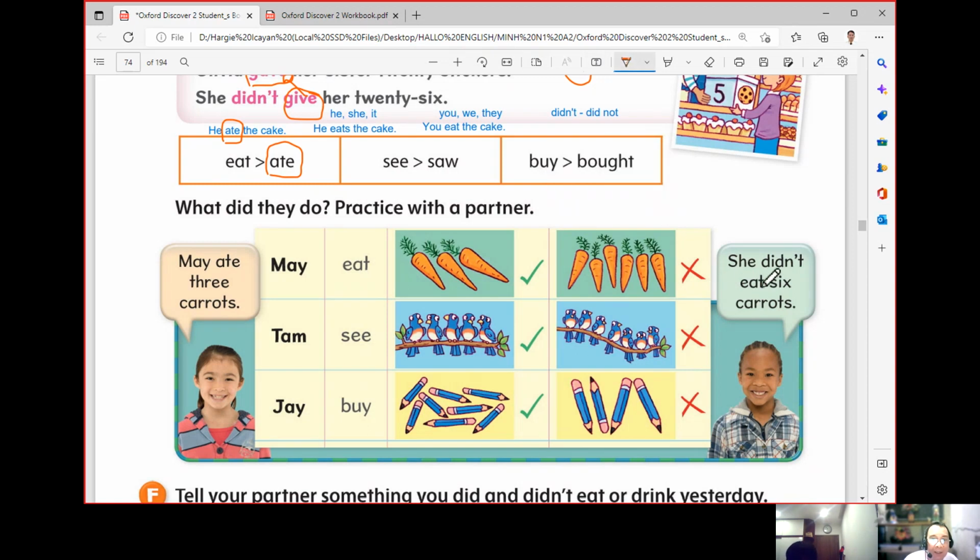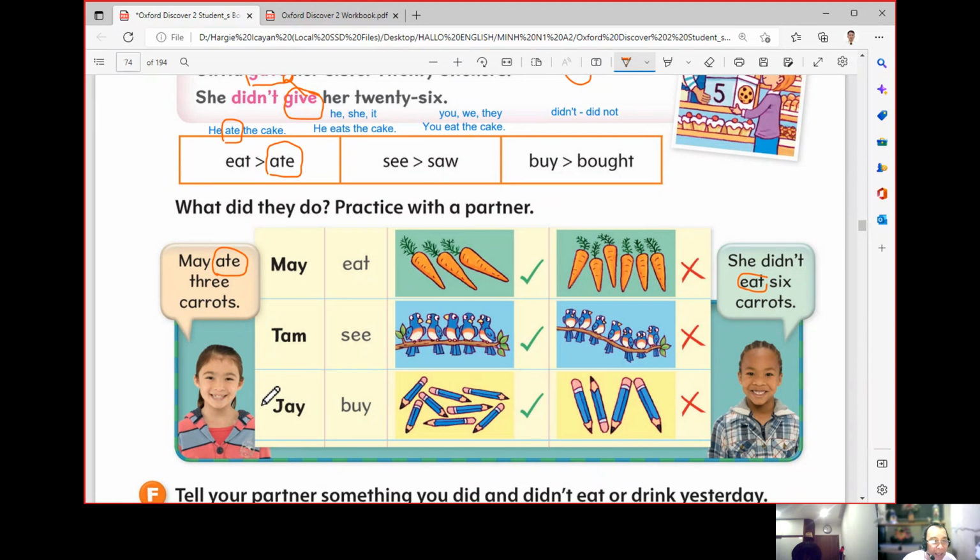Again, remember, if we use the negative statement, we have to use the base form. If we use a positive statement, we have to use the simple past tense of the irregular verb. So, May ate 3 carrots. She didn't eat 6 carrots.